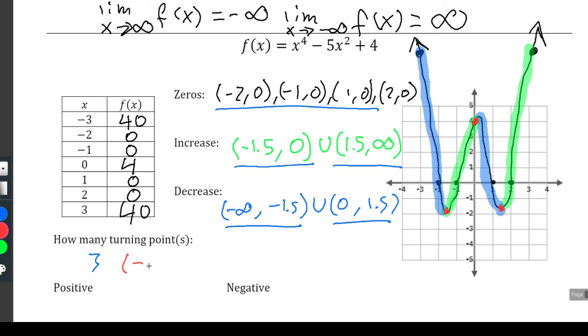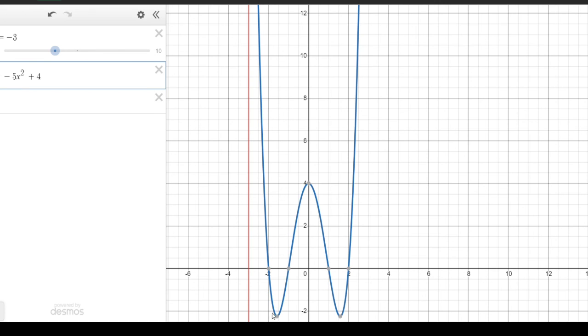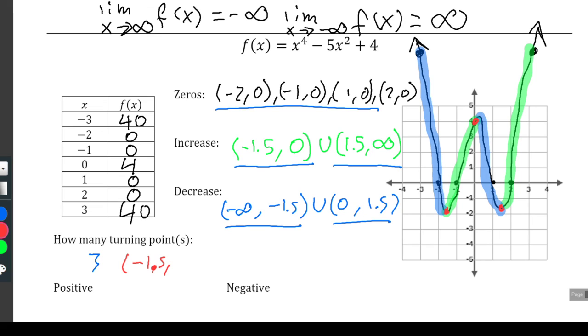So they're going to happen at our negative 1.5. I don't actually know how far that goes down. We'll say it gets close enough to negative 2 that we'll just approximate it to negative 2. Our other turning point is that (0, 4). And our last turning point is going to be at (1.5, -2).